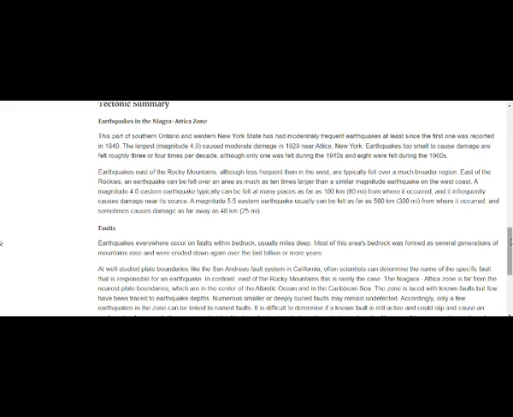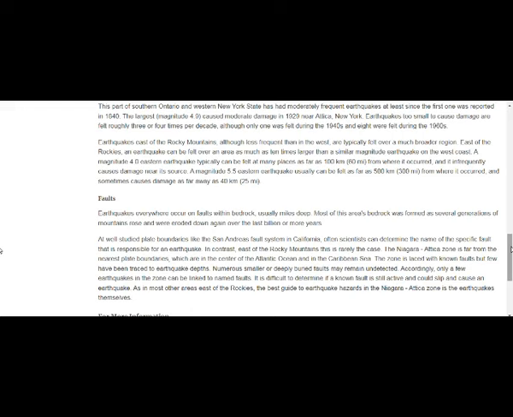Now, earthquakes too small to cause damage are felt roughly 3 to 4 times per decade, although one was felt in the 1940s and 8 were felt during the 1960s. Earthquakes east of the Rockies, although less frequent than in the west, are typically felt over a much broader region.